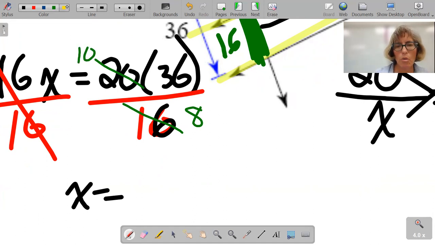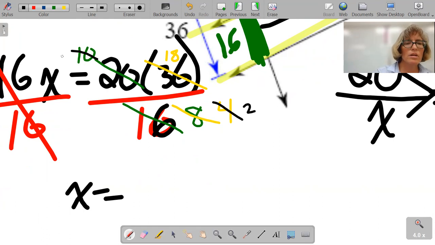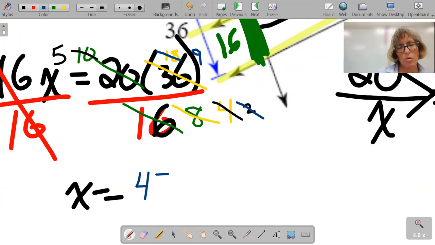I'm going to just keep hacking away. 2 goes in here 4 times, and 2 goes into 16 8 times. 2 goes into 36 18 times. 2 goes into 4 twice. 2 goes into 10 5. And you have one more 2 goes in here, 9. So you end up with x equals 45.